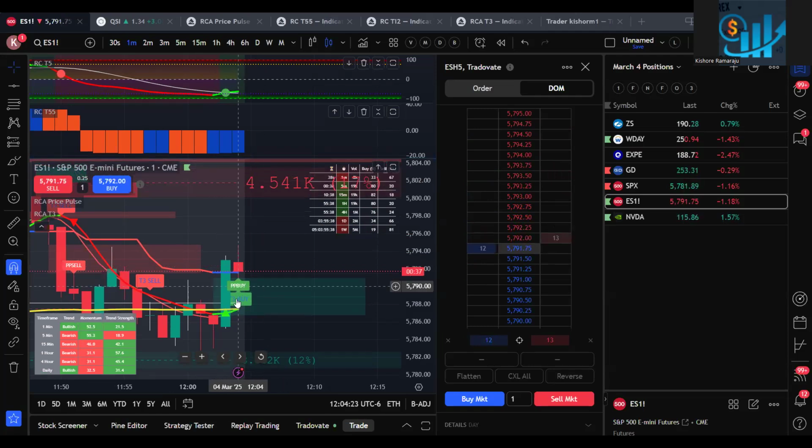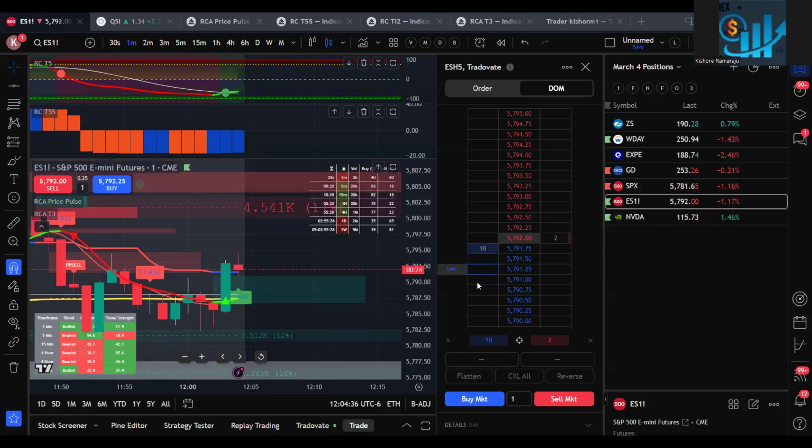We got a price pulse buy, P3 buy. This is green, this is blue. So again, if it comes close to this T5 line, I can go and put my buy orders here.